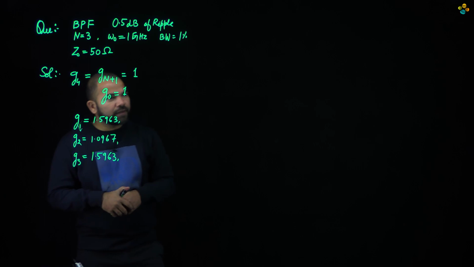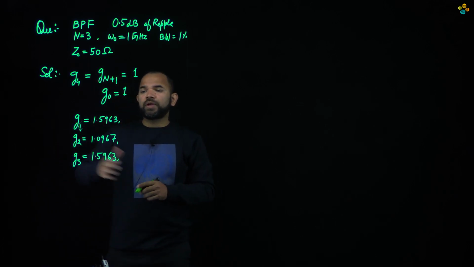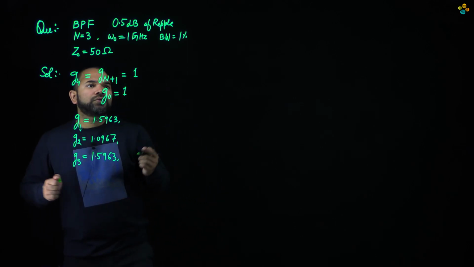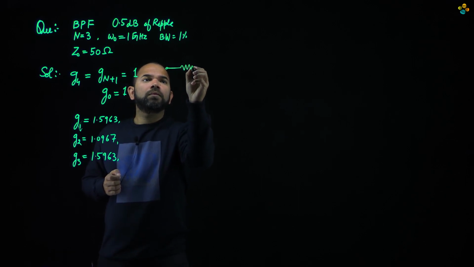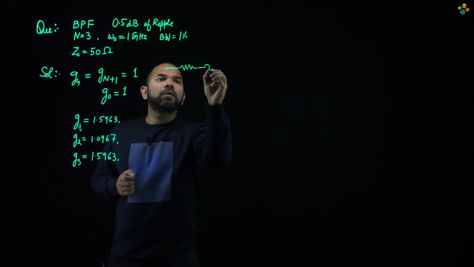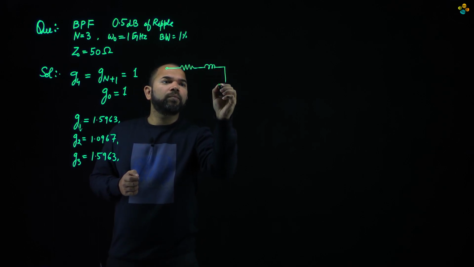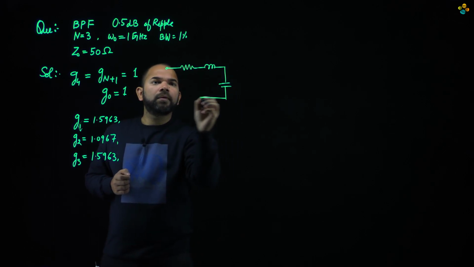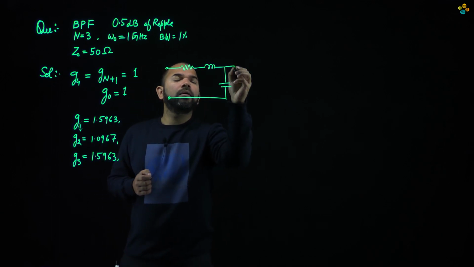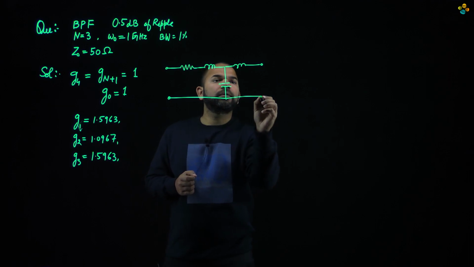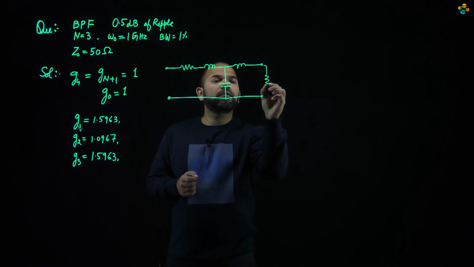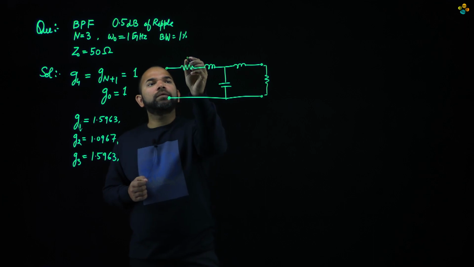So the next thing is, suppose we have the G parameters, the low pass prototype for this third order filter is somewhat like this.